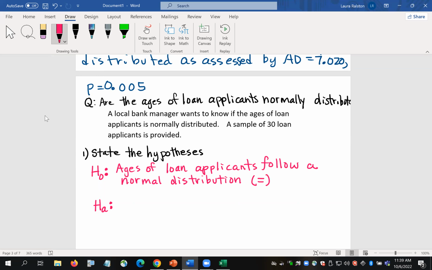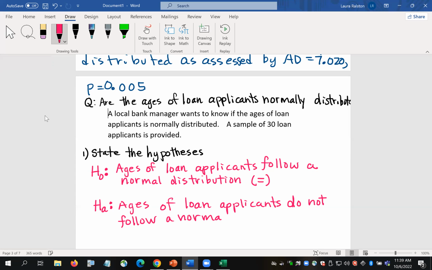The alternative hypothesis is the exact opposite, so it would be the ages of loan applicants do not follow a normal distribution, which again, that phrasing implies not equal.